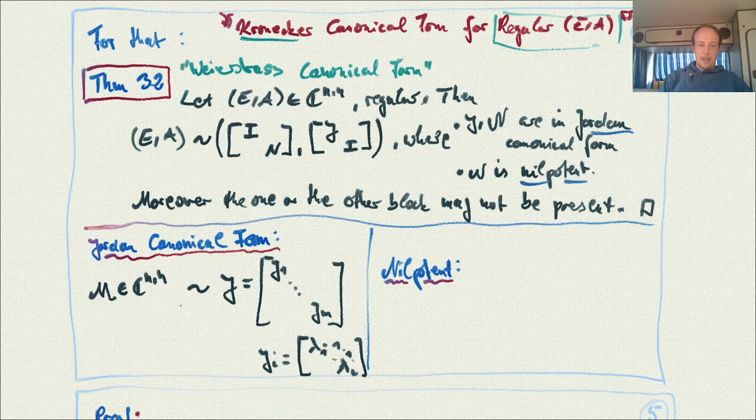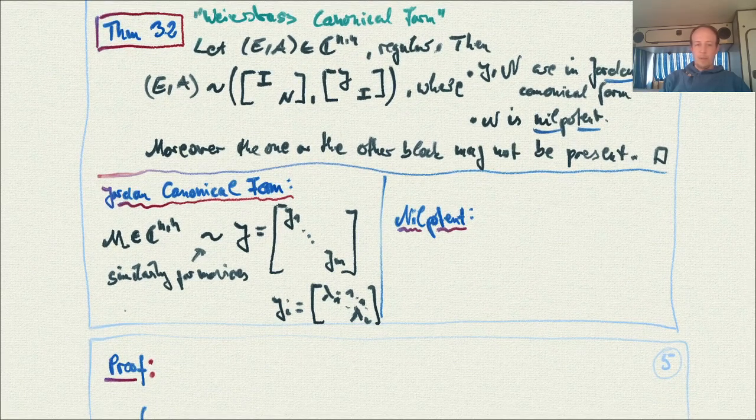Importantly, the similarity means similarity for matrices. I hope you all recall how similarity for matrices is defined. M1 is similar to M2 if and only if M1 is T M2 T to the minus 1, where T is an invertible matrix.